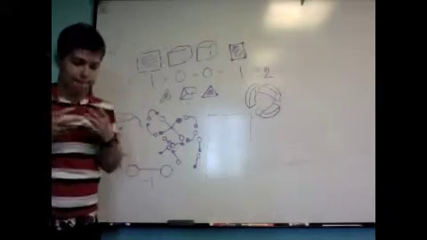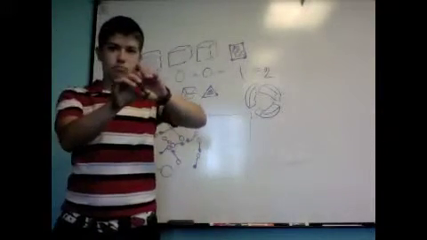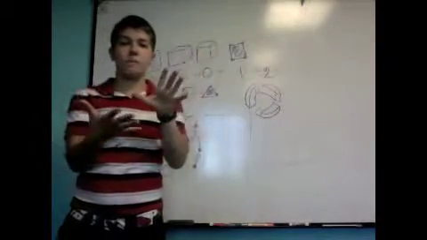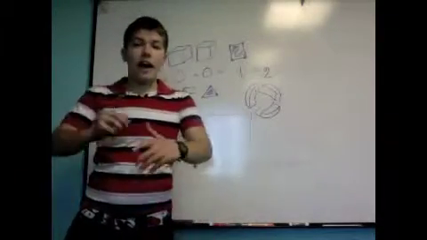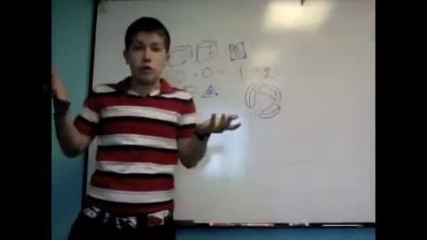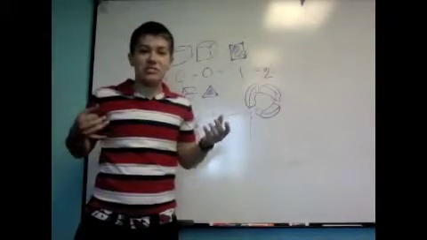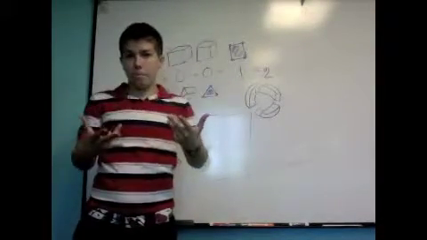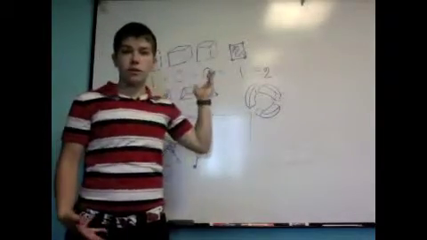So say you had something that kind of looked like a Y, a three-dimensional Y. That you could turn into a ball, because it's like a bunch of these kind of links put together.